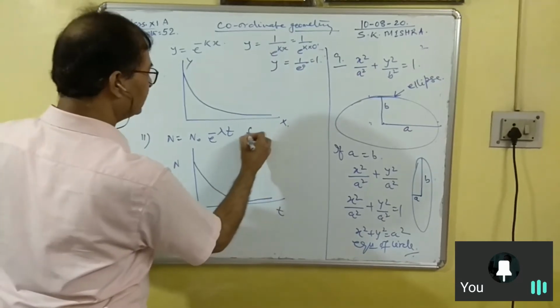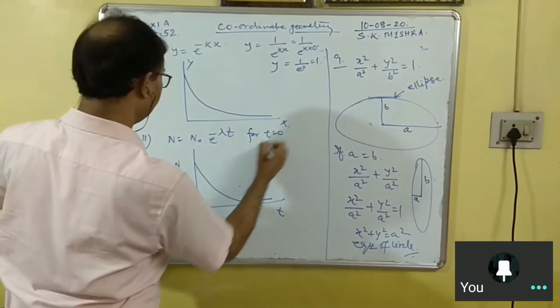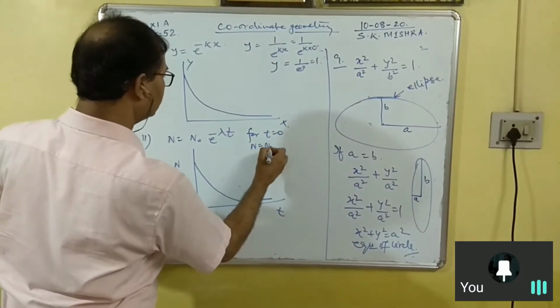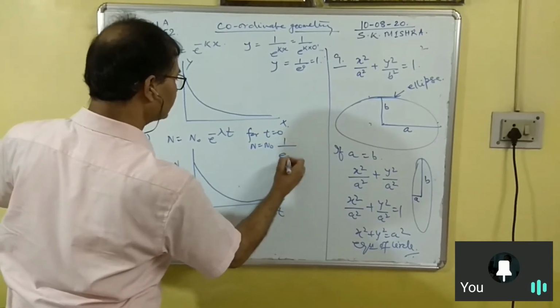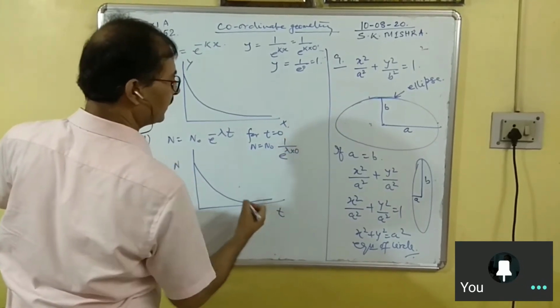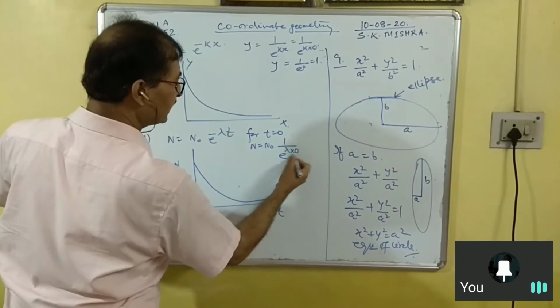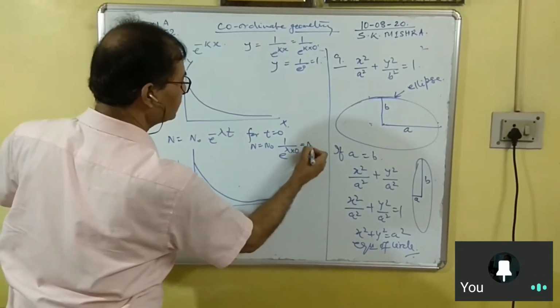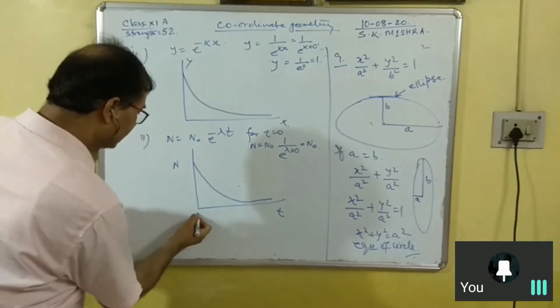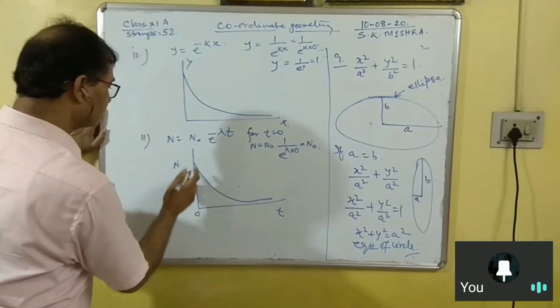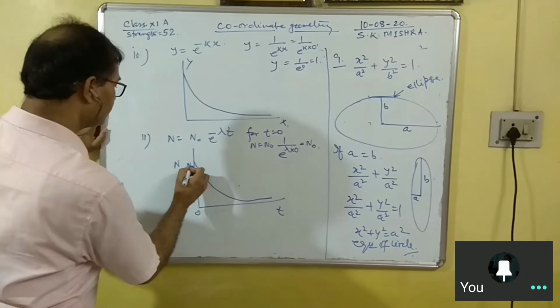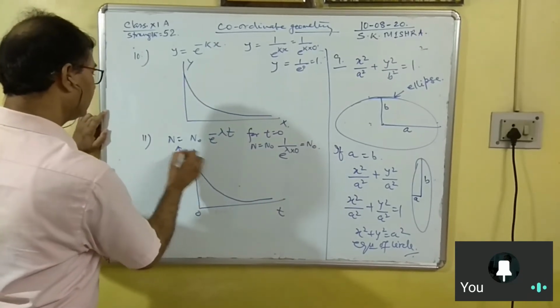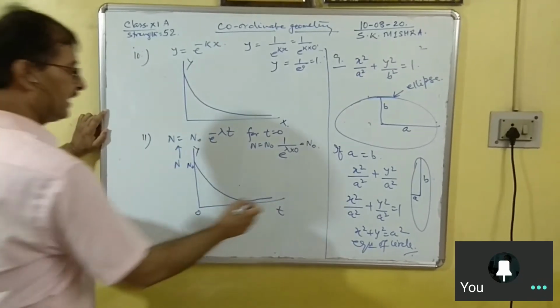So for t equals 0, e raised to 0 is 1, and 1 by 1 is 1, so n is equal to n naught. So at t equal to 0, n is n naught. Here you have taken n along the y-axis, and t along the x-axis.